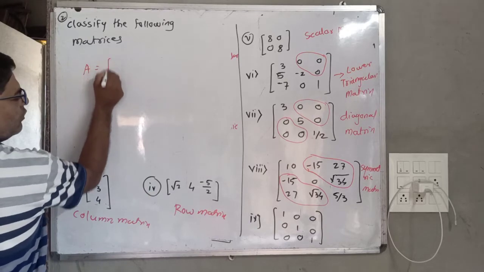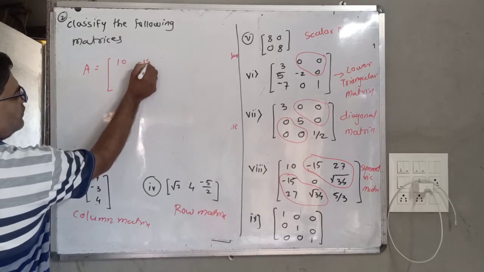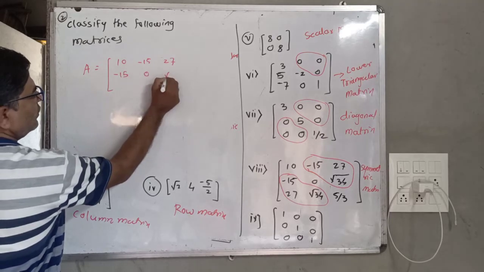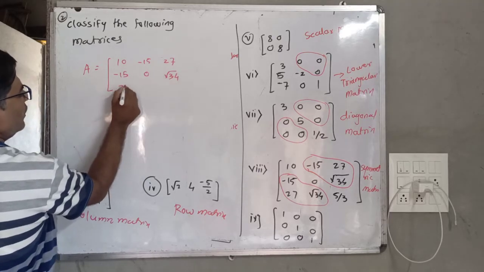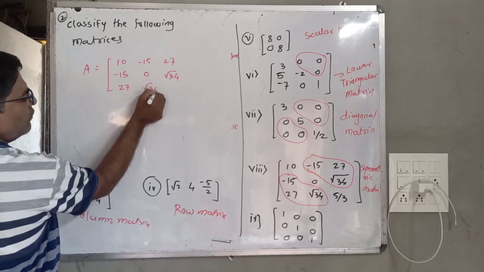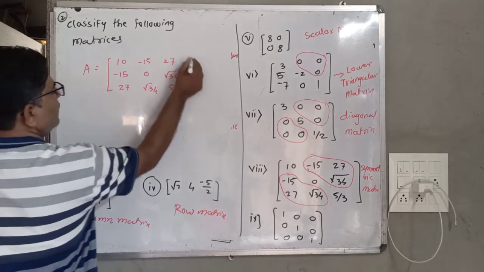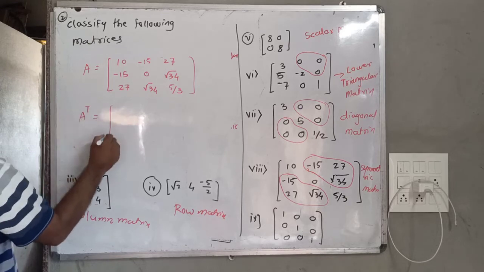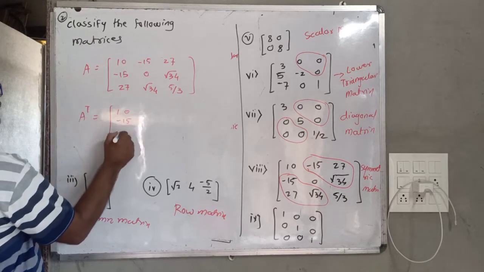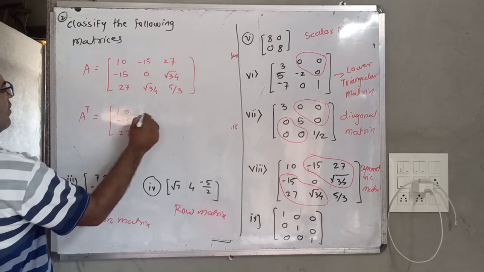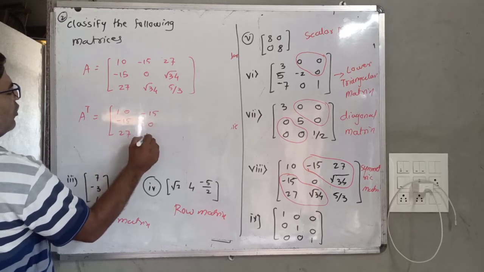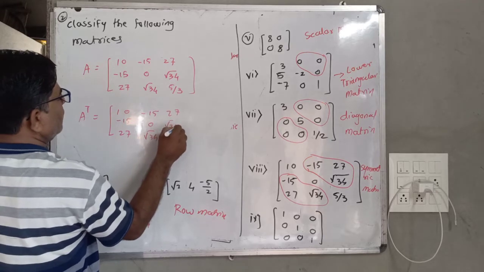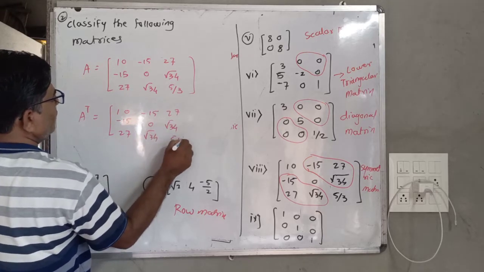A equals 10, minus 15, 27, minus 15, 0, root of 34, 27, under root of 34, and 5 by 3. Then A transpose equals 10, minus 15, 27, minus 15, 0, root of 34, and 27, root of 34, and 5 by 3.